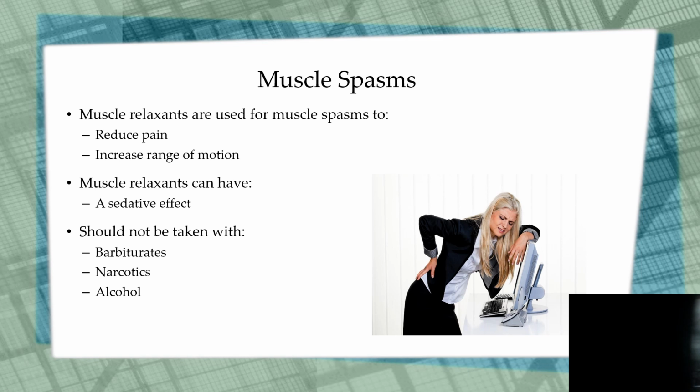Muscle relaxants have a sedative effect, and they should not be taken with barbiturates, narcotics, or alcohol. Some muscle relaxants can cause drug dependency, and again, they should not be taken with barbiturates, narcotics, or alcohol.